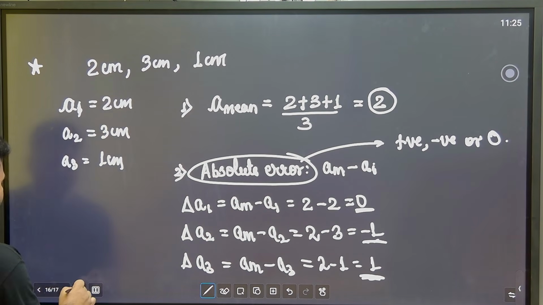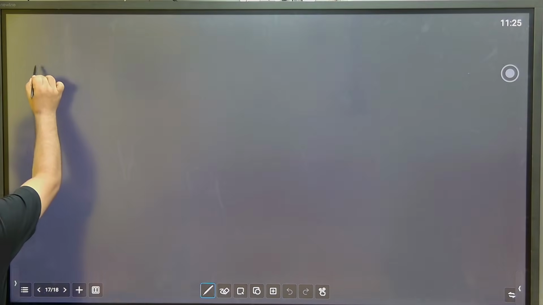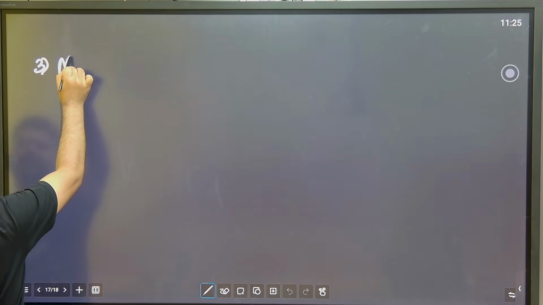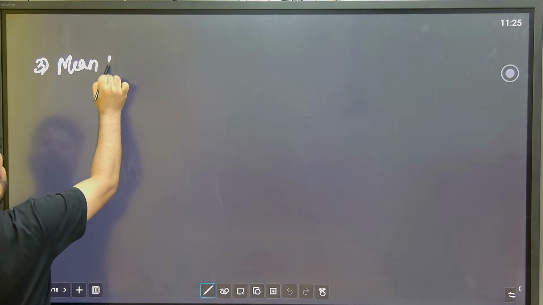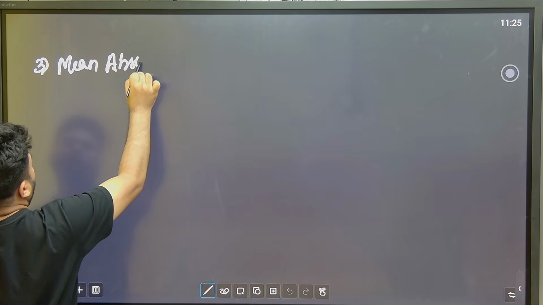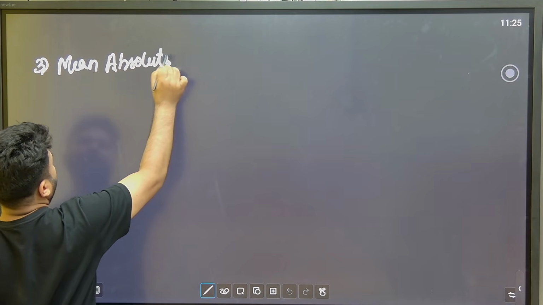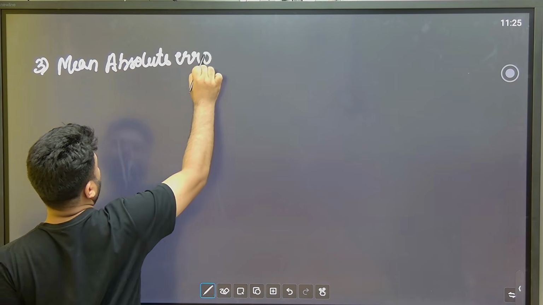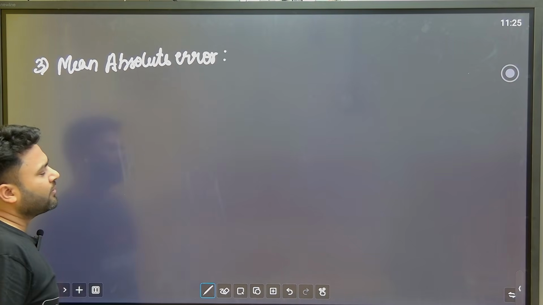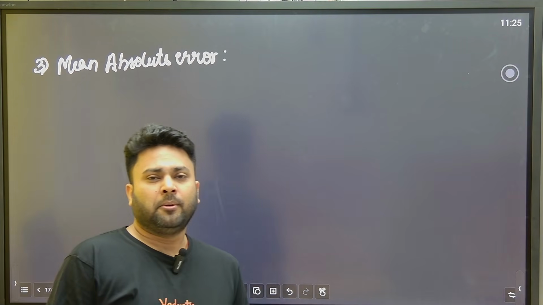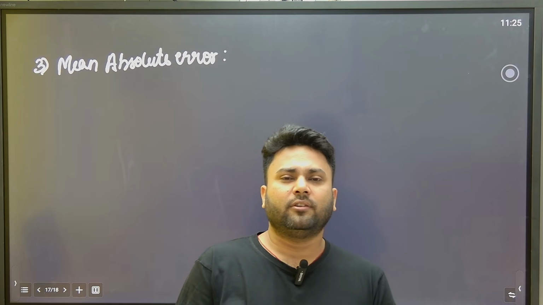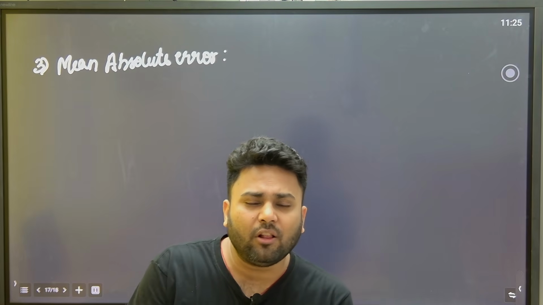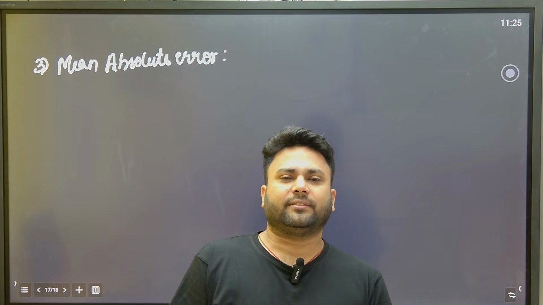Then the third point they ask is mean absolute error. What is this? Mean value of the mod of all the absolute errors.